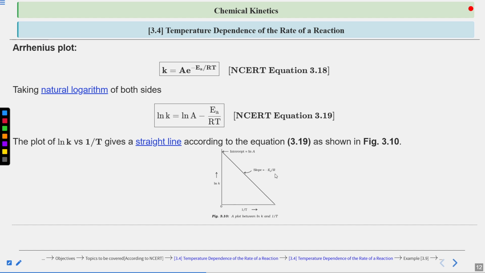The slope is minus Ea by R because it's a decreasing line. And the intercept, at x equals 0 or 1 by T equals 0, that you are getting on the y-axis is ln A. So the plot of ln k versus 1 by T as shown in figure 3.10 is a straight line according to equation 3.19.